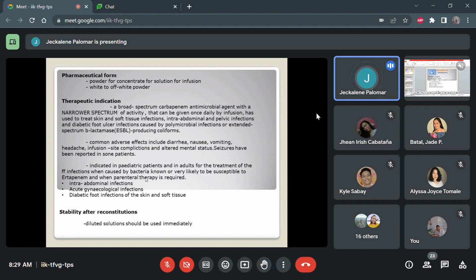So you will notice, guys, that for most infections the treatment is almost the same; it depends on the etiologic agent, the bacteria. So the stability for ertapenem: diluted solution should be used immediately.